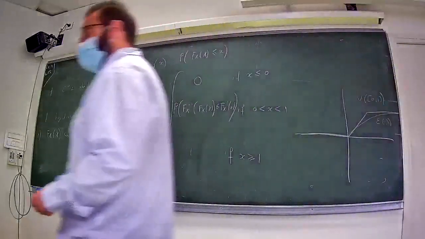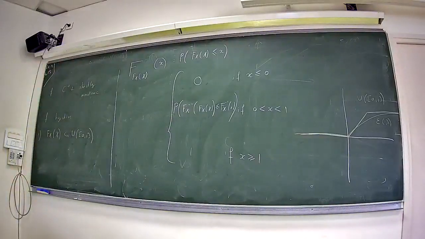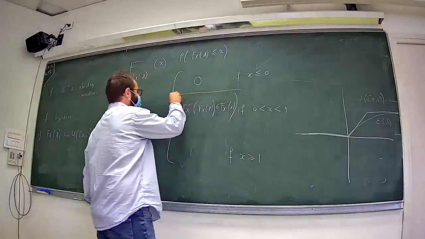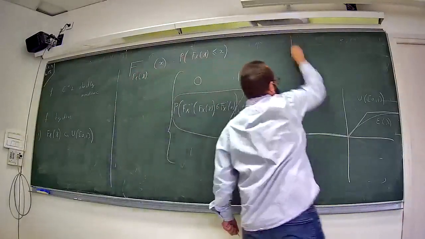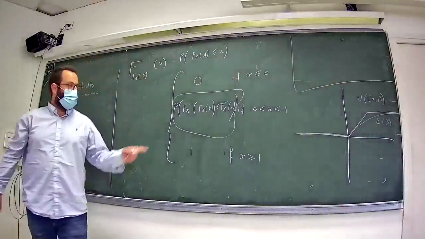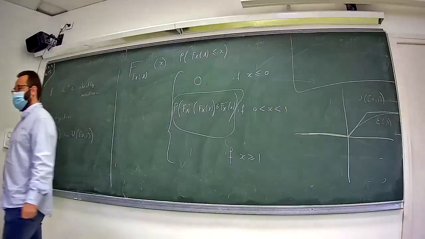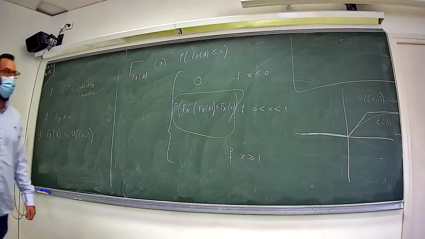So I have to deal with this term here. What can you say about F_X minus 1 of F_X(X)? It's the identity, by definition of an inverse.